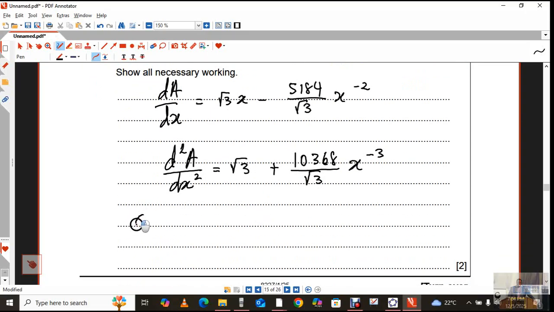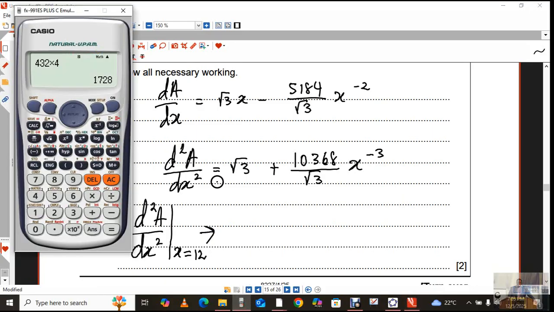I want to see the second derivative when we are saying x is equal to 12. What are we getting? Good. Let's bring my calculator in. Everywhere x is, I'm going to replace it by that number, right? It might be a little bit too much for my calculator, but let's see.